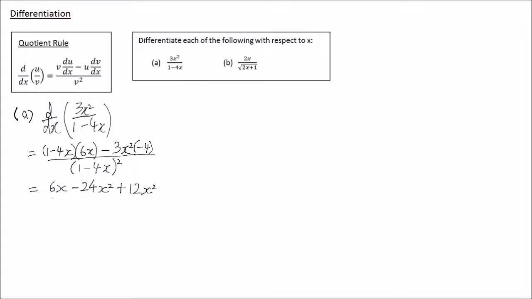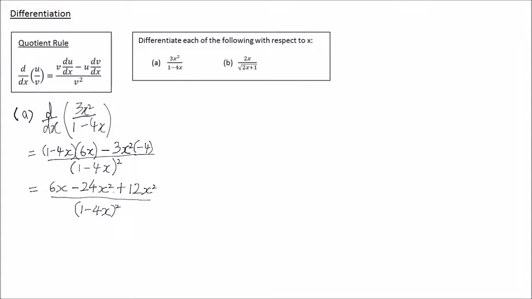In the denominator we have this bracket square. Do not expand it out. Just write it as it is, 1 minus 4x, squared.